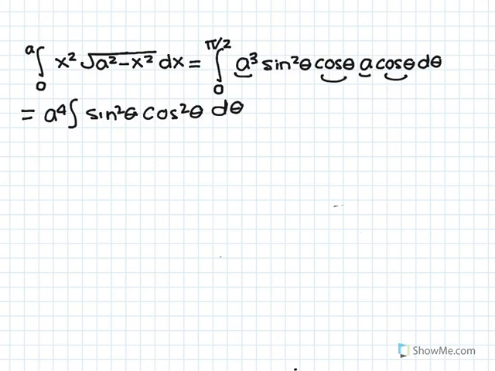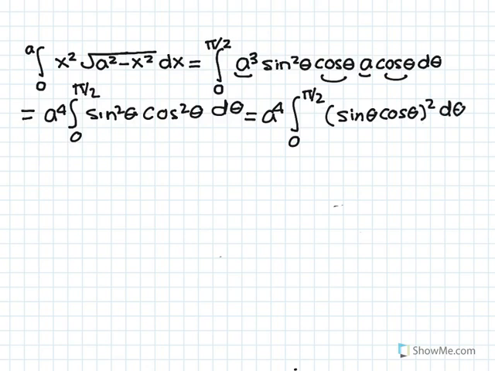All right, so the limits are from 0 to pi over 2. Okay, how do we go about solving this? Well, we can rewrite this as a to the fourth, integral from 0 to pi over 2. Let's rewrite this as sine theta times cos theta, all squared, integrated with respect to theta.